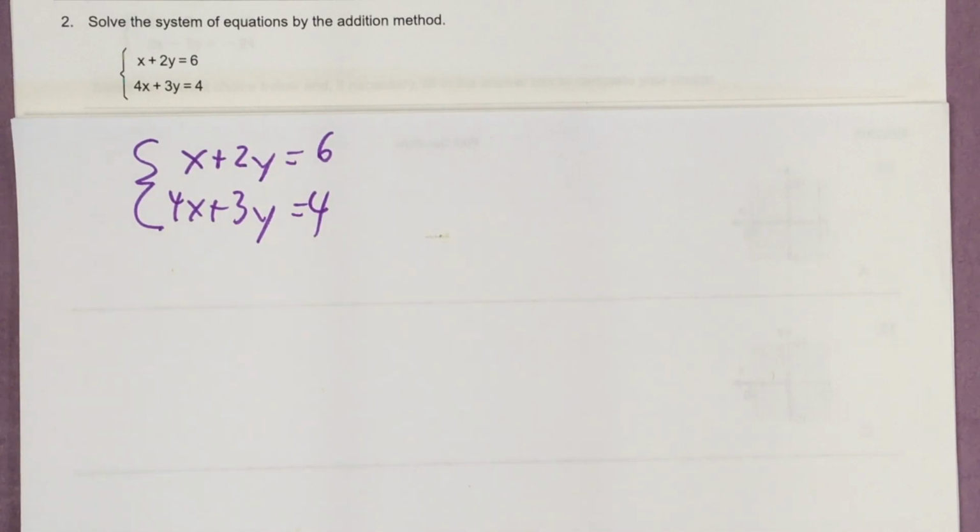In this one, we want to have a situation like we had in the first problem, where one of the variables, either x or y, in both equations has the same number next to it but opposite signs. Now you can achieve that with x or you can achieve that with y, but in this case the x is going to be simpler.